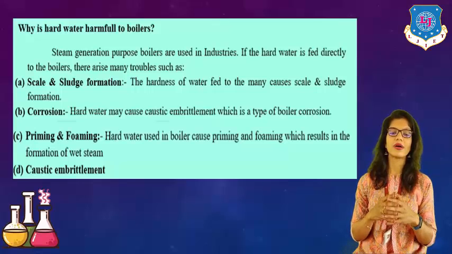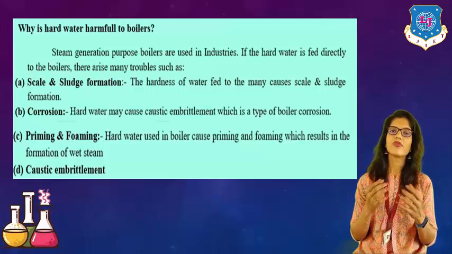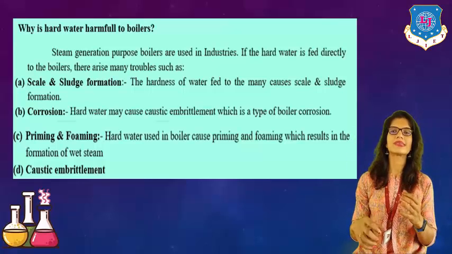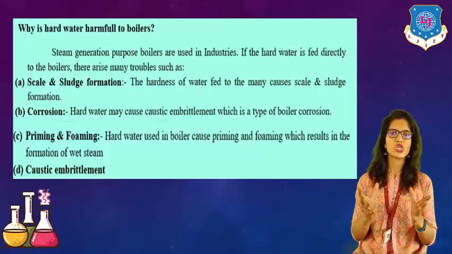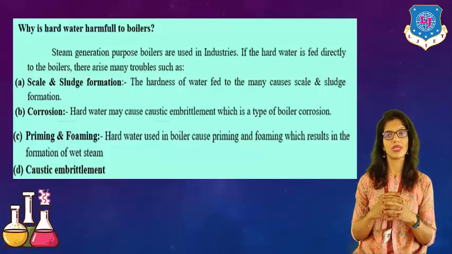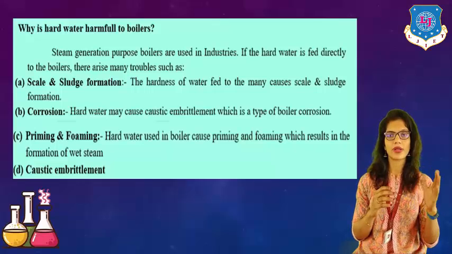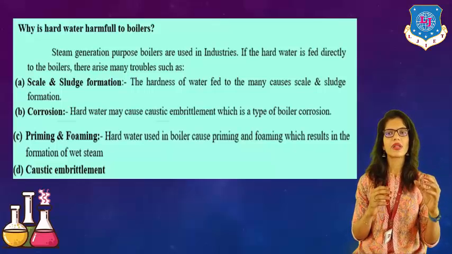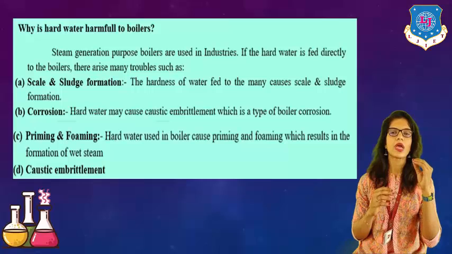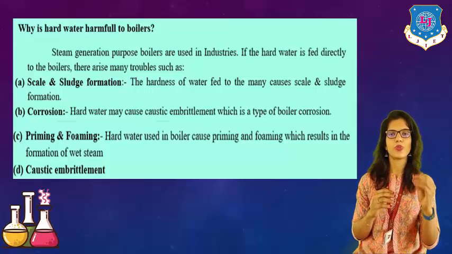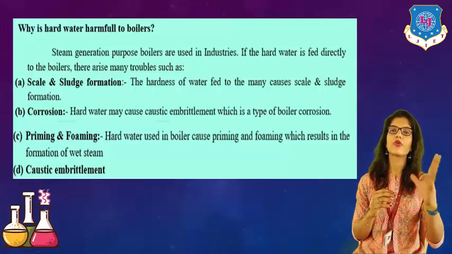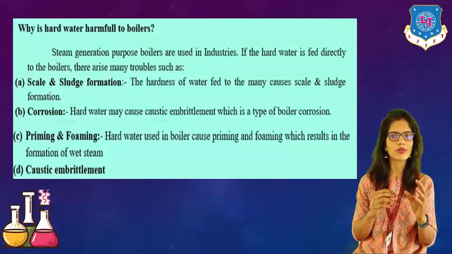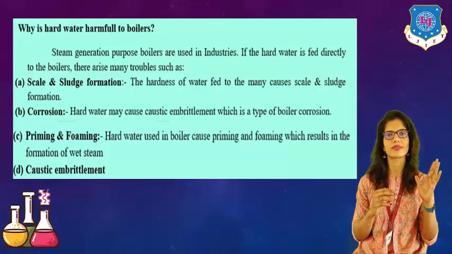In this manner, formation of wet steam occurs. And again, it will create a problem in the whole boiler system. So the efficiency of the boiler will be decreased. Last but not least, caustic embrittlement. Caustic embrittlement will again create a problem in the desirable product. Whatever product we want, we can't obtain it.